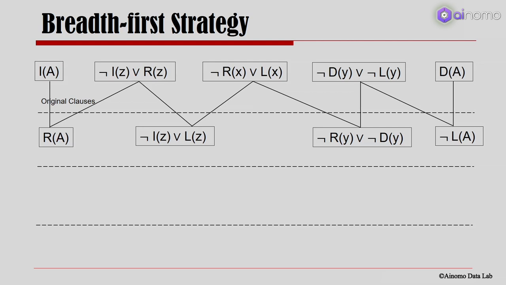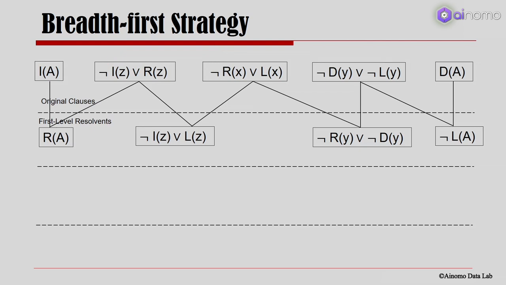Then here I have a complementary pair R(z) and not R(x). So, I could resolve this and this to generate my second resolvent at the first level. I generate my third resolvent at the first level and my fourth resolvent. So, I have my first level resolvents.